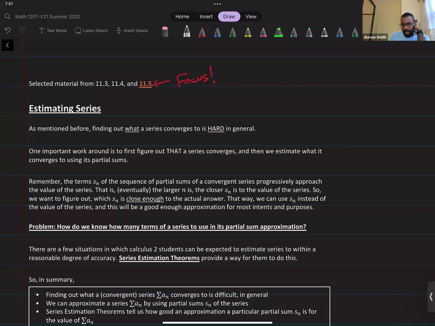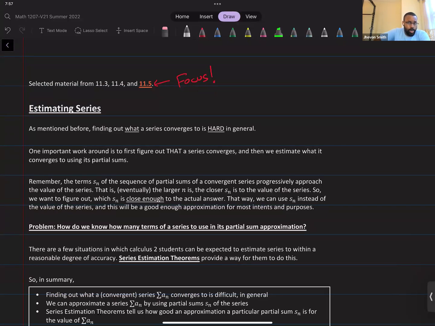I've decided that in the summer, I'm going to ignore most of this stuff and really only require you to know about estimation in one specific circumstance, which is the one defined in 11.5. In 11.5 we spoke about the alternating series test, and there was a theorem called the Alternating Series Approximation Theorem.